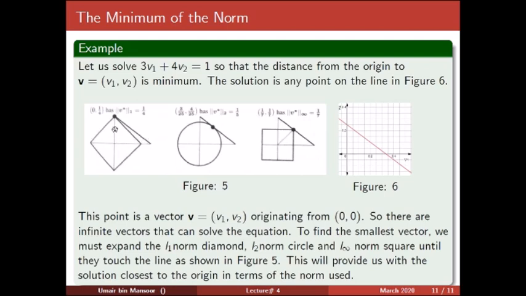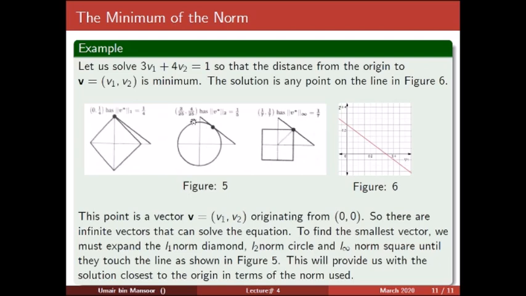So the L1 norm finds this vector, which is 0, 1 by 4, to be the smallest vector that solves this equation in terms of L1 norm. It is also called the sparse solution. Sparse means that in this solution you have 0 and non-zero values, maybe more zero values.